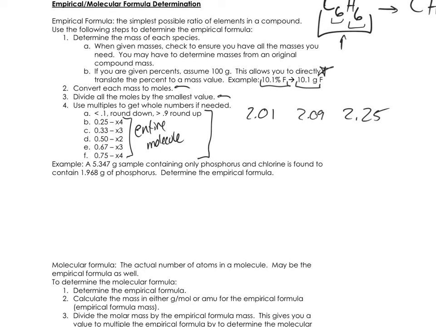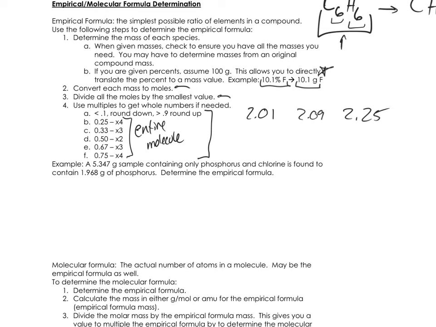So let's try this out. I have a sample that contains only phosphorus and chlorine and is found to have 1.968 grams of phosphorus. Determine the empirical formula. Okay, so question 1. I have to get everybody into masses, so how do I get the mass of chlorine?